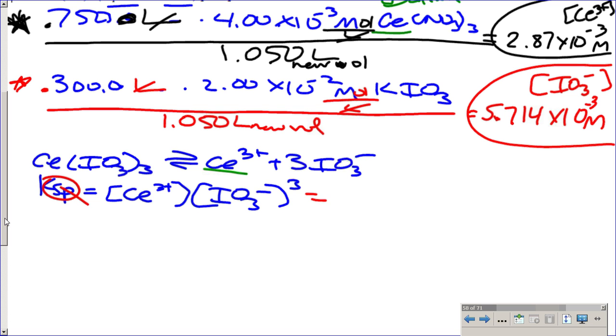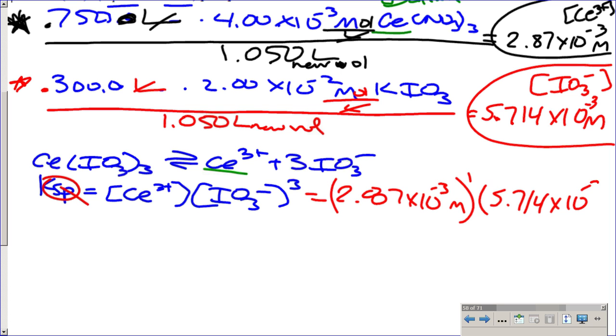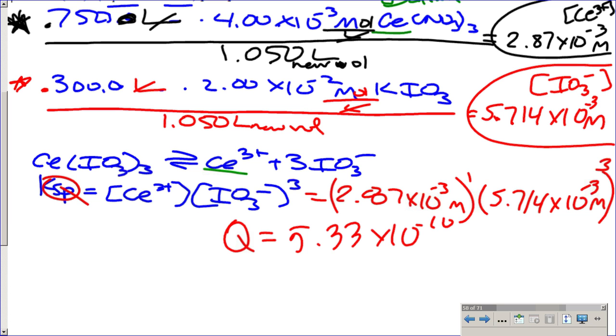So this is 2.87 times 10 to the negative 3 molar to the first power, and this is 5.714 times 10 to the negative 3 molar to the third power. When you plug in those initial concentrations that we've just diluted, then Q is equal to 5.33 times 10 to the negative 10.